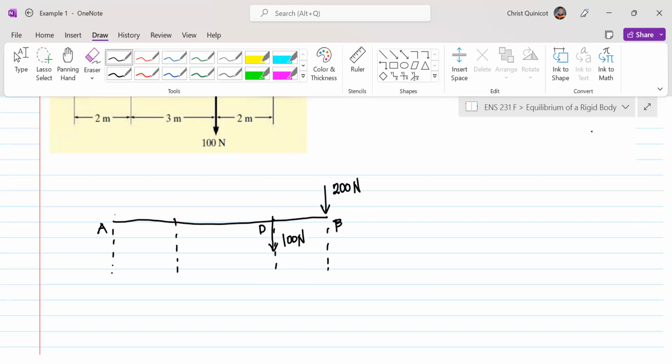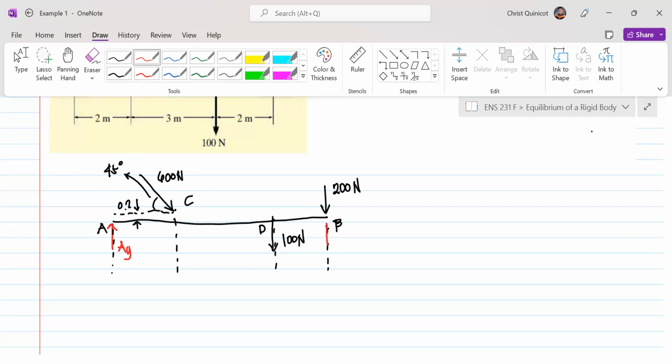Now at 0.2 meters, and also 2 meters from A, we have 600 Newton, and this is at 45 degrees, and we will call this point C. Okay, so for our reactions at A, we have A sub Y, meaning a reaction only going up.